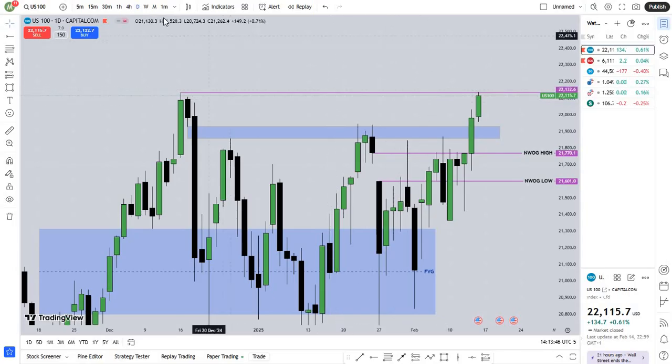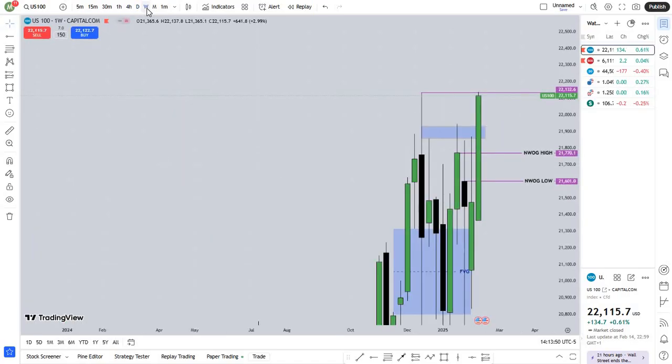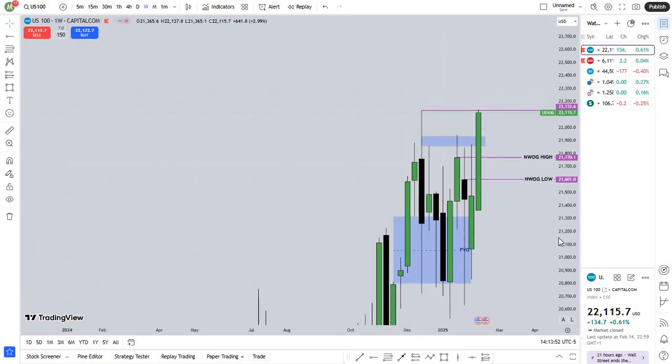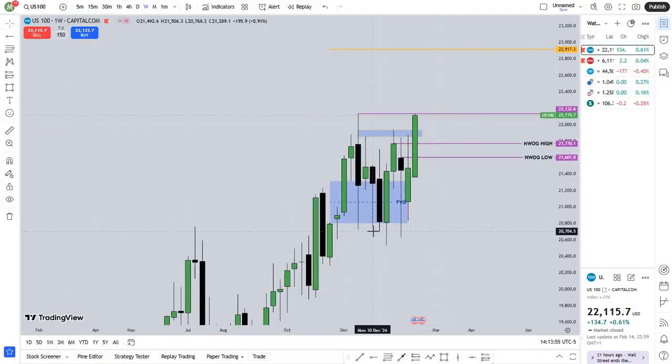So let me go to the weekly time frame so we can look at what we have. Looking here, you can see how we respected 50% of this candle, which is also the lower half, the low of this inefficiency here and here.